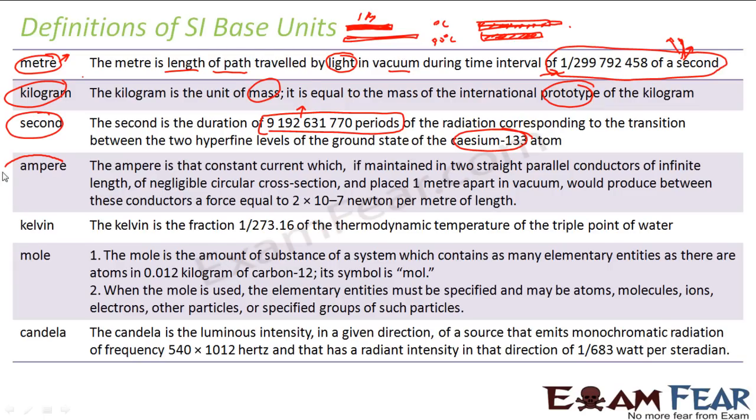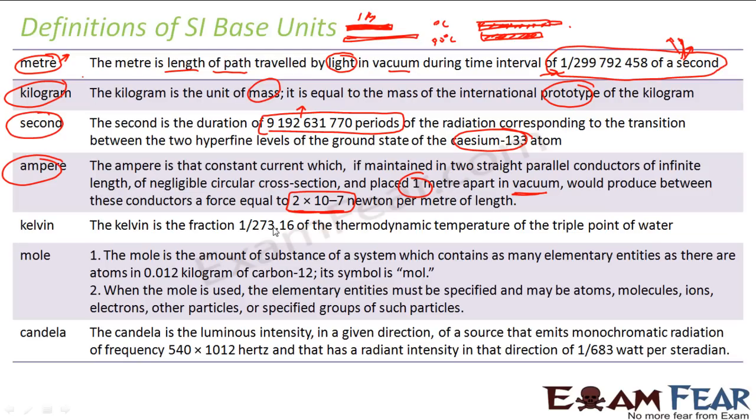The ampere, which is for current, right? So for this, what they are saying is, if you maintain two parallel conductors of infinite length, of negligible circular cross section, and placed 1 meter apart in a vacuum, please note, these would produce a force equal to 2 into 10 to the power minus 7 Newton per meter of length.